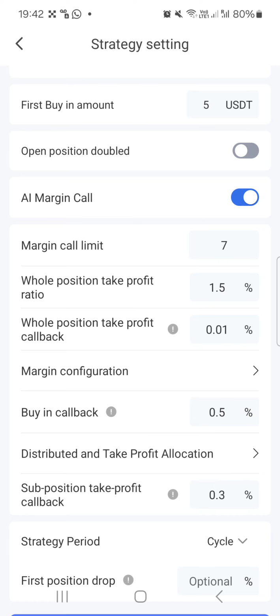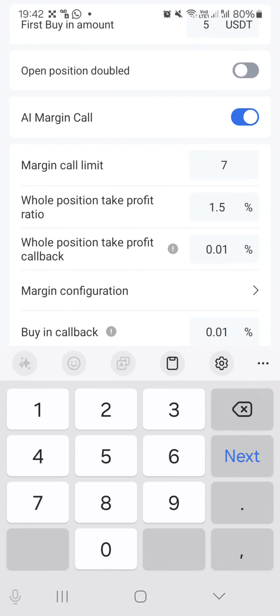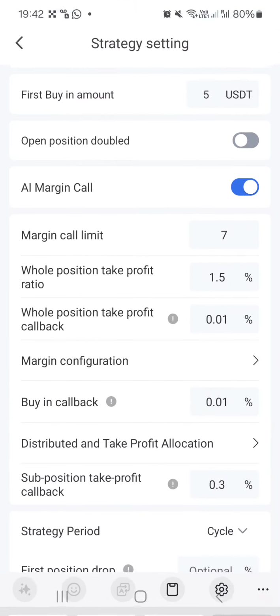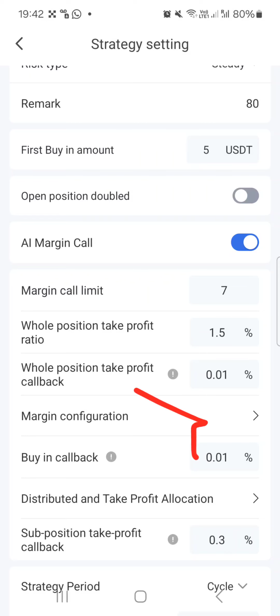When the price rises by 0.01, let my robot buy.